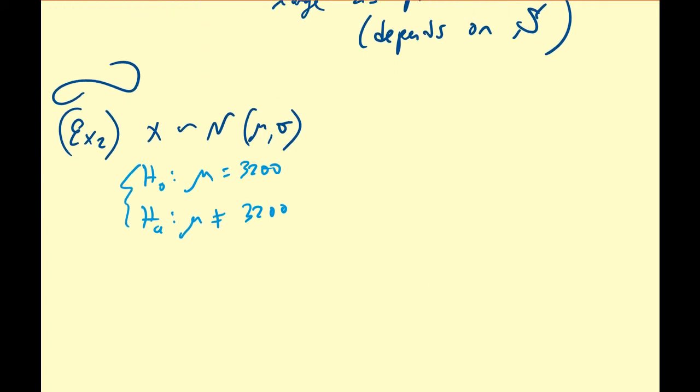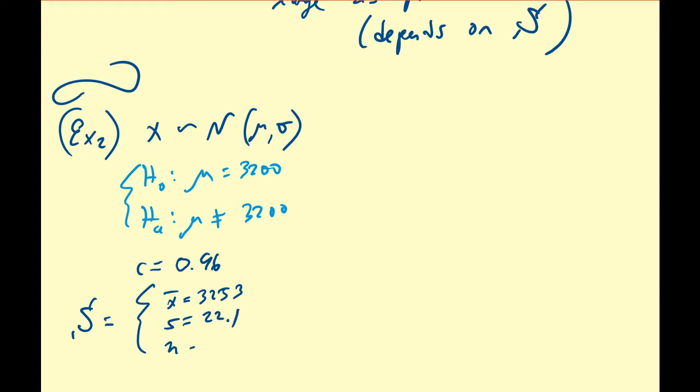Let us also operate under a level of confidence 0.96, and let us assume that we gather a sample and it has characteristics: x bar is equal to 3253, a standard deviation of 22.1, and a sample size of 37. Usually these are the things you will calculate on your own to use for your hypothesis test.